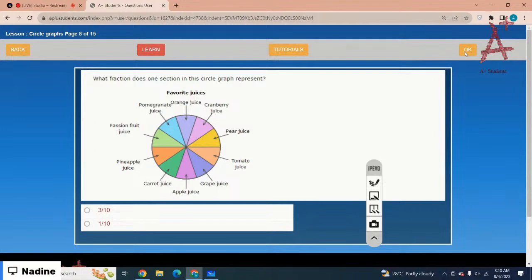So the graph represents 1 out of 10. The correct option is 1 out of 10.